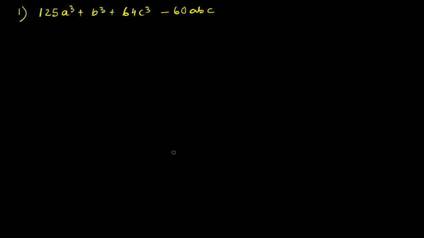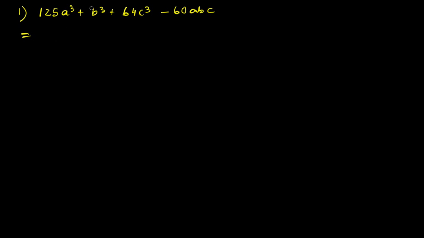First of all, it looks like the form a cube plus b cube plus c cube minus 3abc. Just by looking at the question, you must have the feeling of what formula this question looks like, or what is the least modification we should do with the given question to have a known form. That's what always helps you to understand or solve any question.